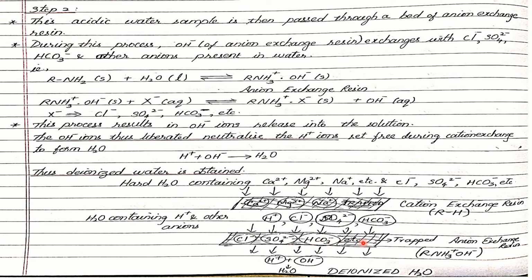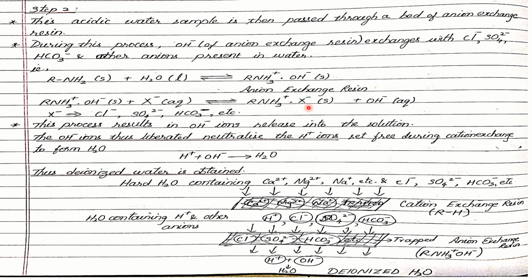When the anion exchange resin has exchanged all of its OH- ions with the anions that were present in hard water, it gets exhausted. The exhausted form of the anion exchange resin is represented as RNH3+X-.